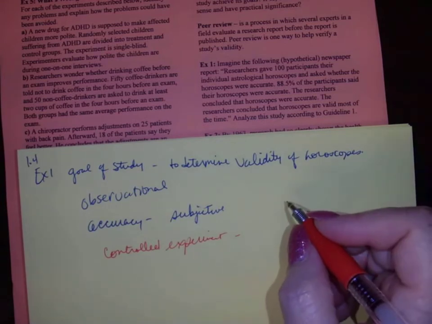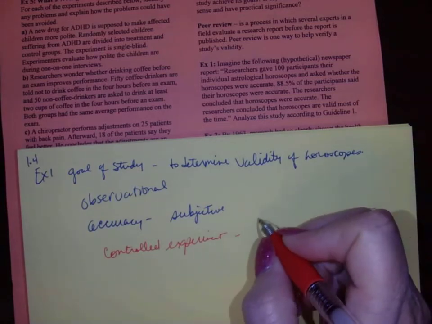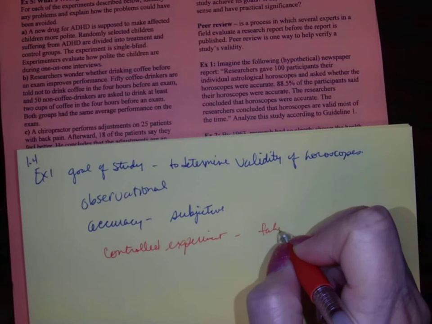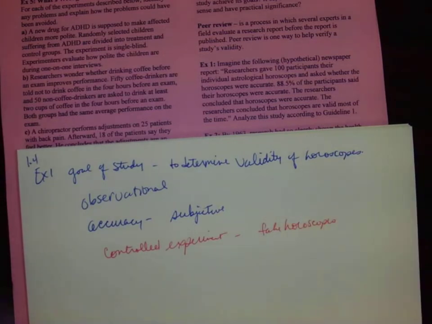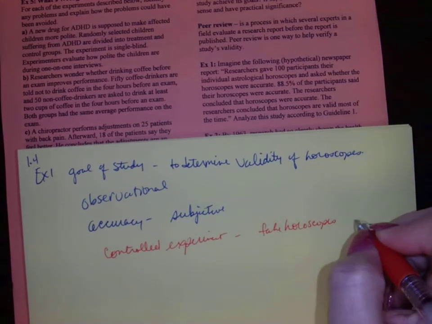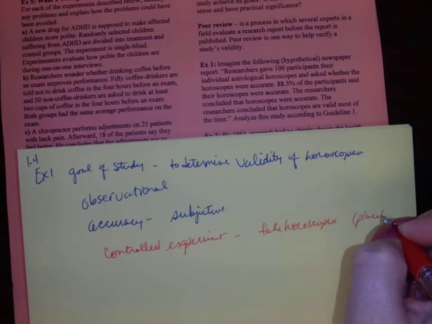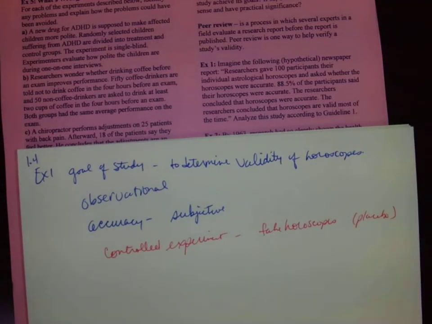So maybe we have some fake horoscopes. If we gave some fake horoscopes, this would be kind of like the placebo, right? Maybe then you'll see, hey, did they think the fake horoscope was just as accurate?